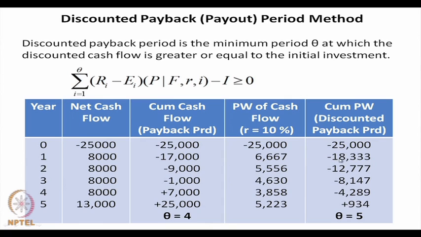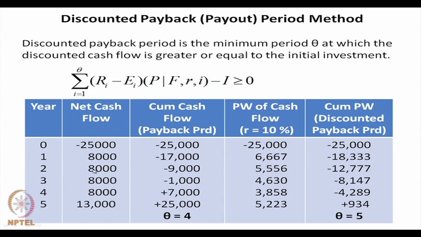So, what remains unrealized is 25,000, which was the initial investment, minus the present worth of the income after the first year. So, the unrealized amount is 25,000 minus this, which is 18,333.